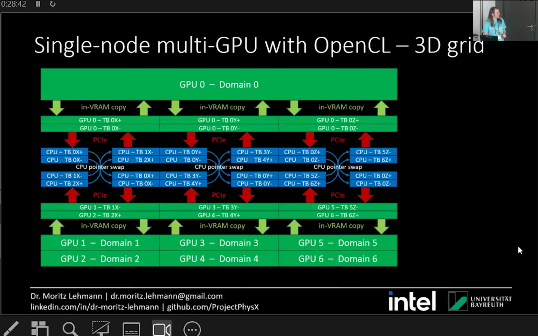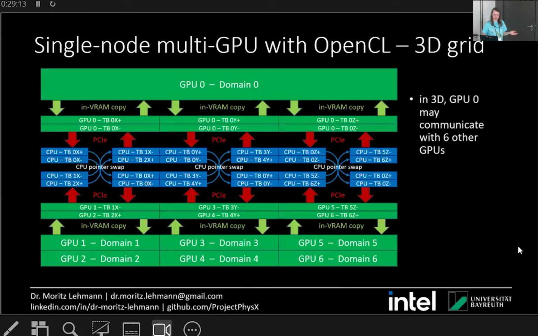In 3D, this is how it actually looks. Each domain has transfer buffers, not only 1, but 2 on the left and the right of the box. So that's why we have 2 transfer buffers indicated with a plus and a minus. They get copied at the same time from all domains. Then a double pointer swap is happening, and this is repeated 3 times for the X boundaries, the Y boundaries, and the Z boundaries.